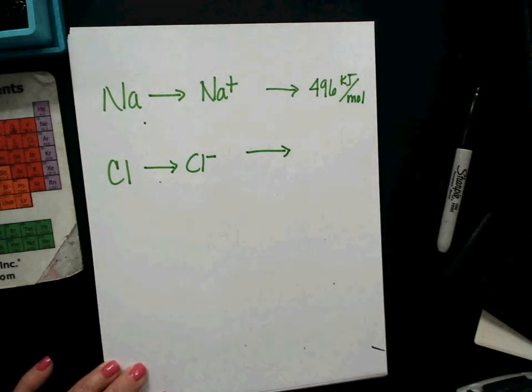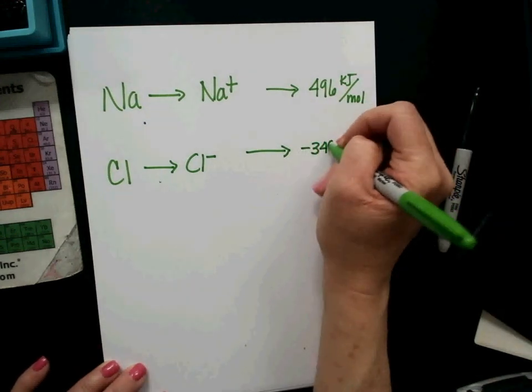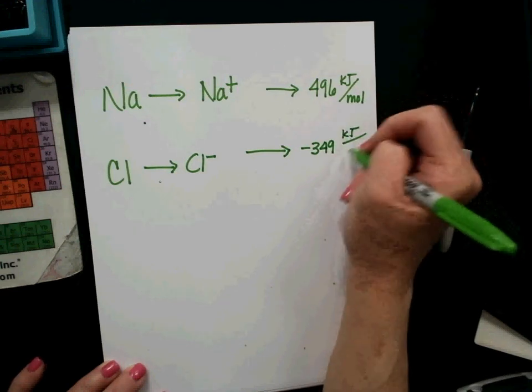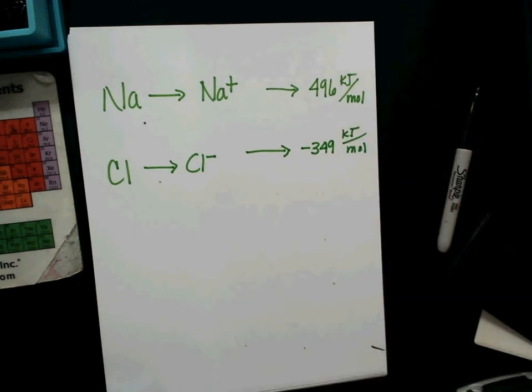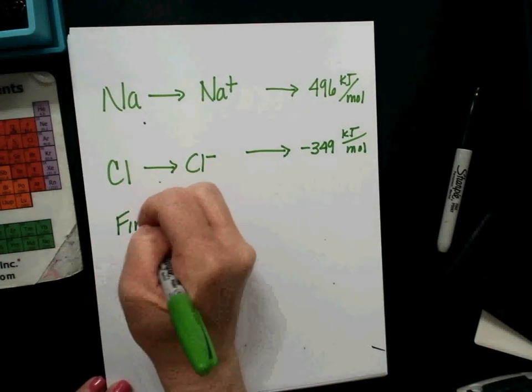Chlorine becomes Cl minus. It's gained an electron, and it gains negative 349 kilojoules per mole. Now, do those balance out perfectly? No, they don't, and they won't when you look up the numbers, and that's okay. That means something's given off to the surroundings.